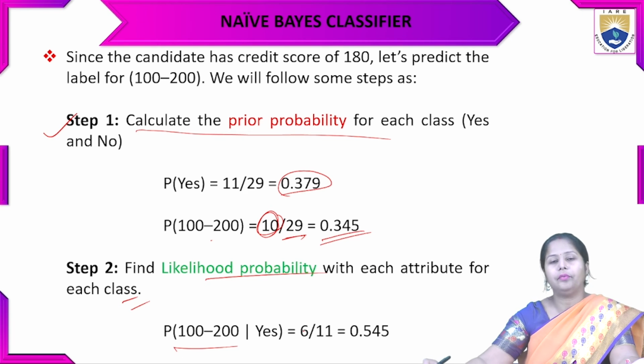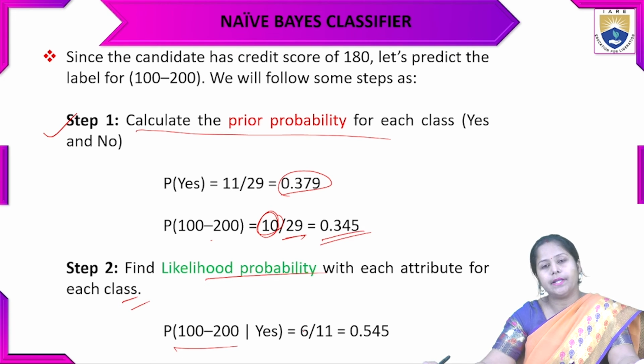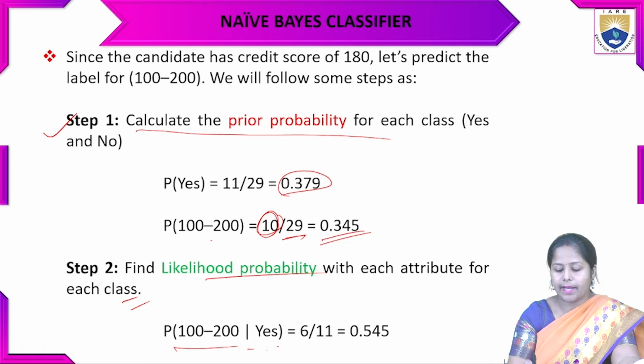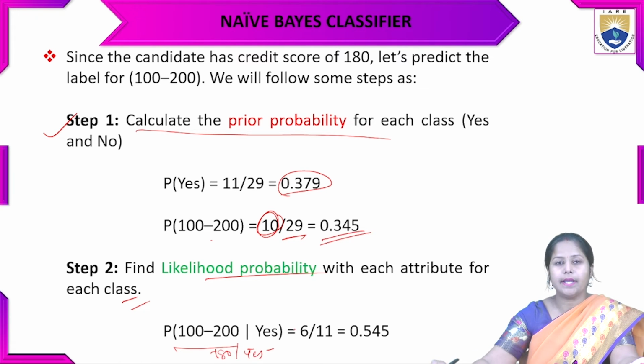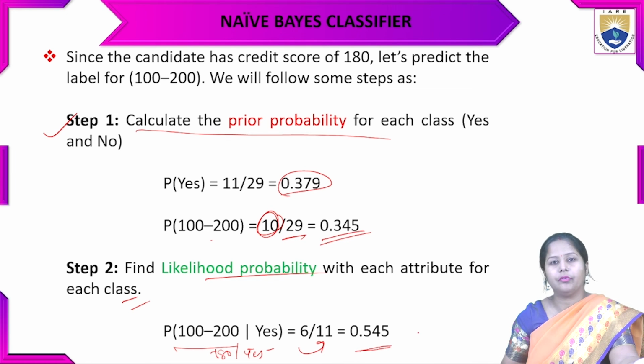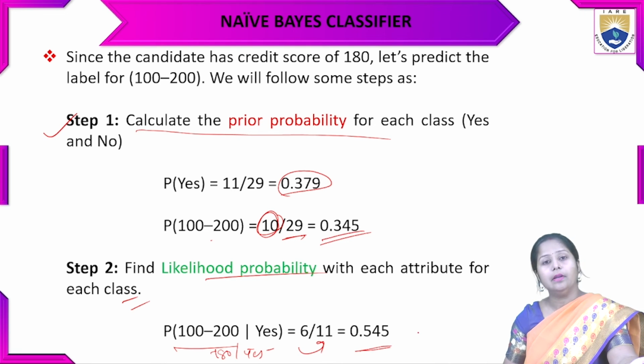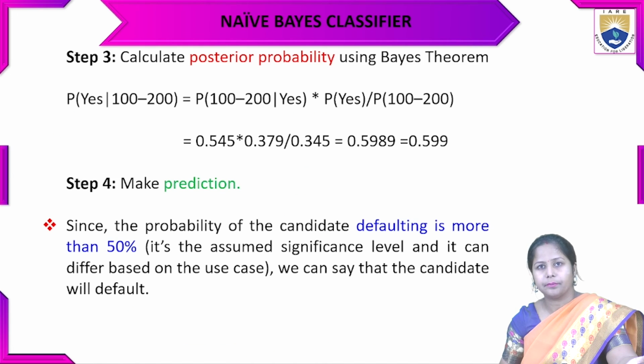So P of 180 given yes will be 6 by 11, that is 0.545. That is the likelihood probability for that particular condition.